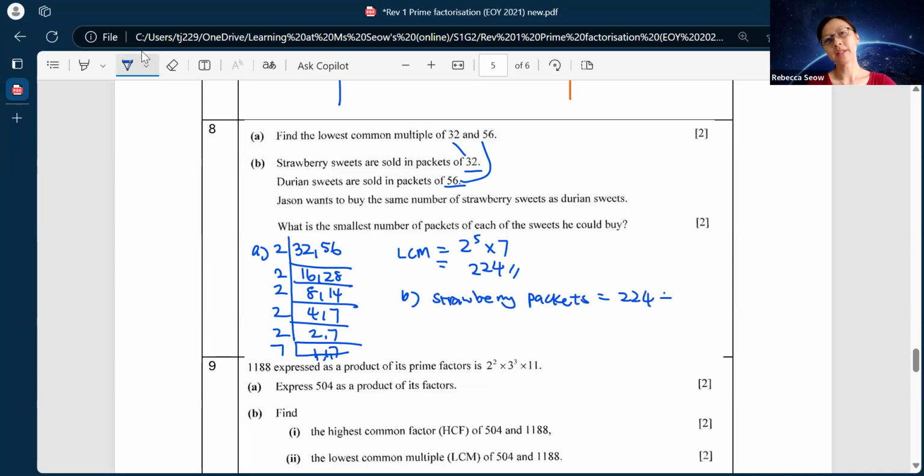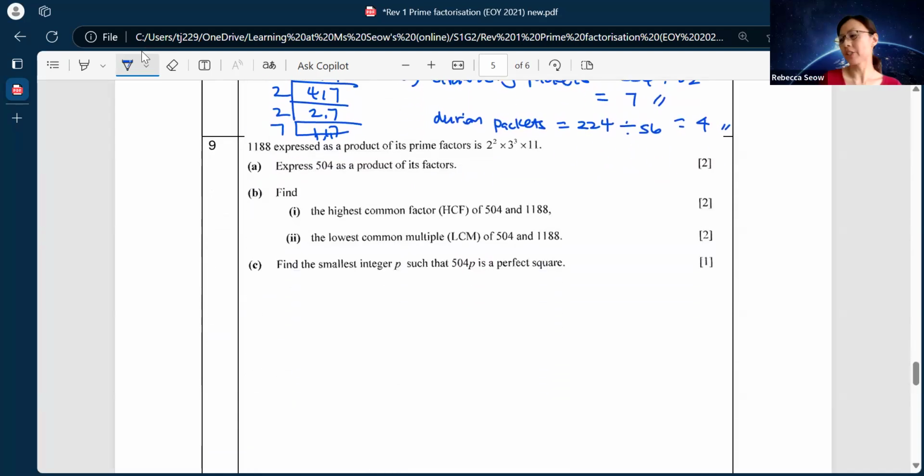So 224 divided by 32, we will end up with 7. And durian packets, 224 once again, but this time round divided by 56. 4. So these two are your answers.